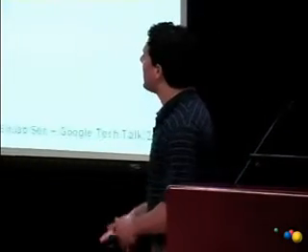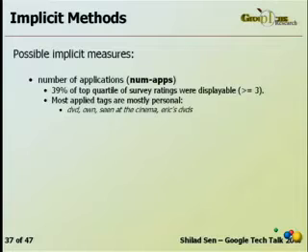So let's look at how some of the implicit measures fared. The first implicit measure that we might want to consider is the number of applications a tag has had. It makes sense that users apply good tags more often. That seems reasonable, but it turns out that isn't the case.